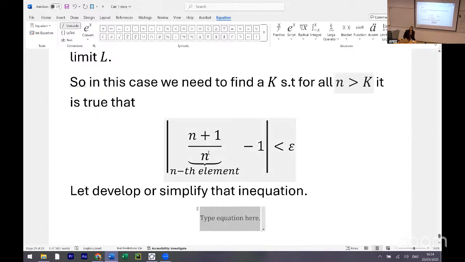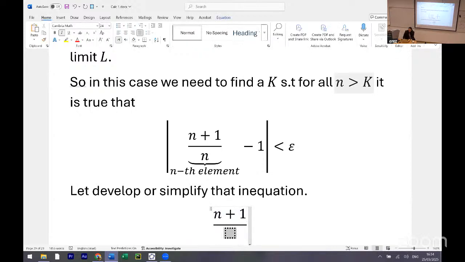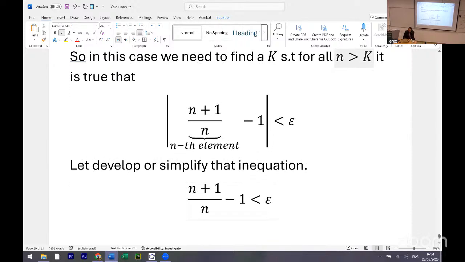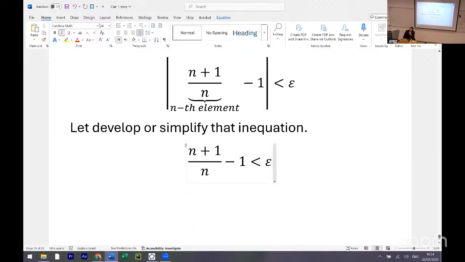First of all, lucky us, it's easy to see that (n plus 1) over n is larger than 1, then we can omit the absolute value. Usually it's not the case, but here it's quite easy. So (n plus 1) over n minus 1 should be smaller than epsilon, starting from a certain k. Smaller, I said larger, you're right, but smaller.